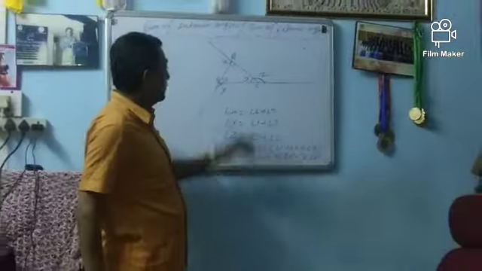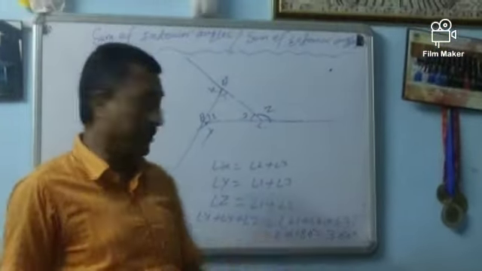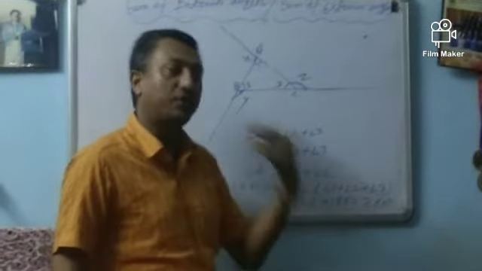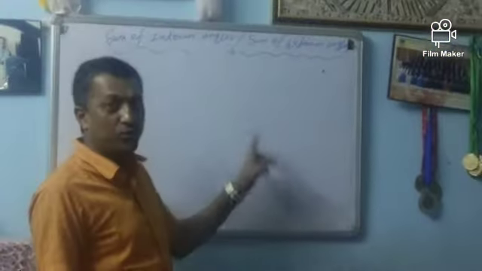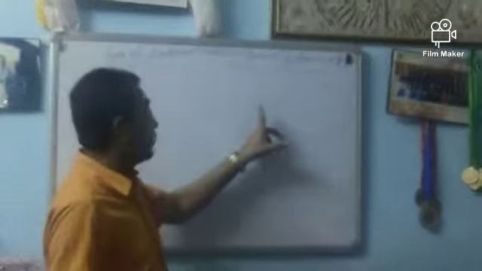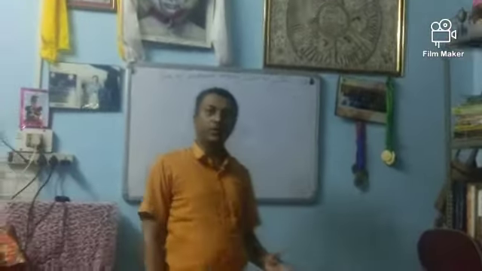So it is proved that the sum of exterior angles of a triangle is 360 degrees. Similarly, for any polygon, like a quadrilateral or pentagon, the sum of exterior angles of any polygon is 360 degrees.